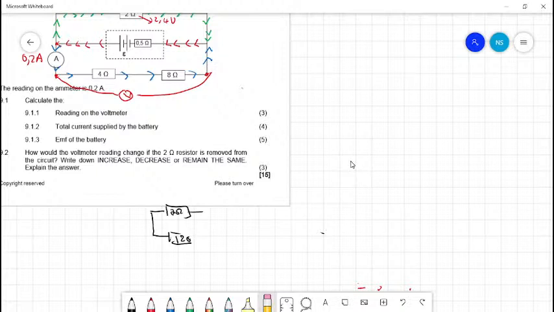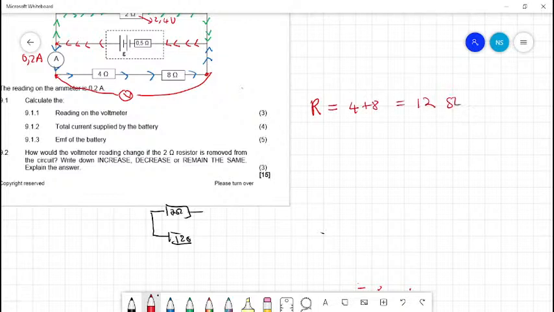If you remove the 2 ohm resistor, you will only be left with 2 resistors that are connected in series, right? So the external resistance, R, will be given by 4 plus 8, and that will be 12 ohms.